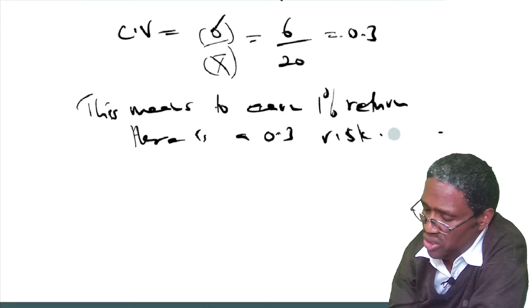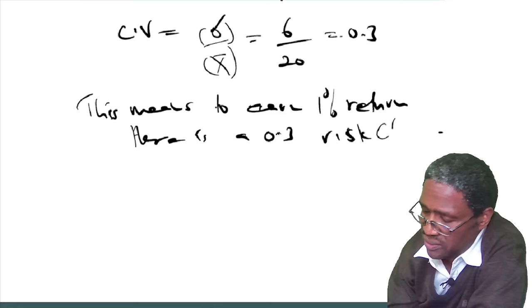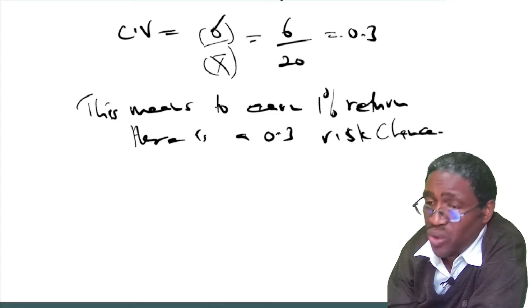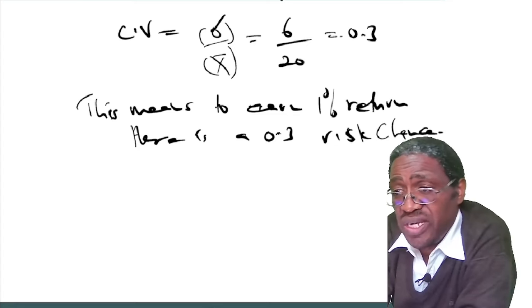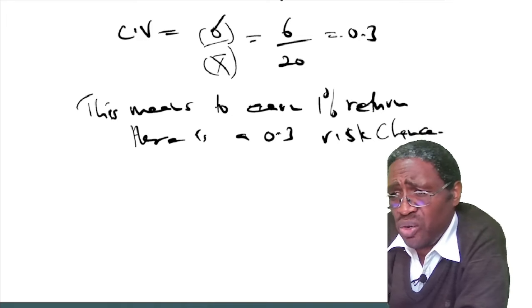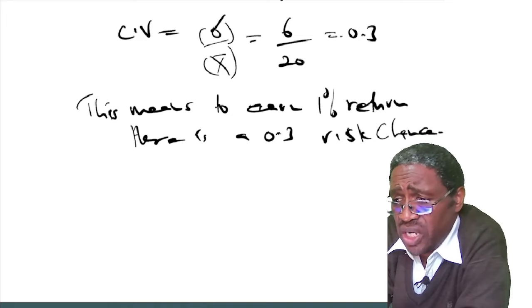There is a 0.3% risk chance for you to earn 1%, which is the denominator.